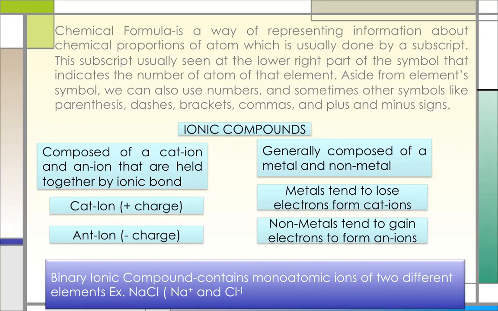So they're generally composed of a metal and a non-metal. If you look back again at your periodic table, those metal elements can be combined to form compounds with non-metals. If we combine metals and non-metals, the compounds that will be formed are what we call ionic compounds.